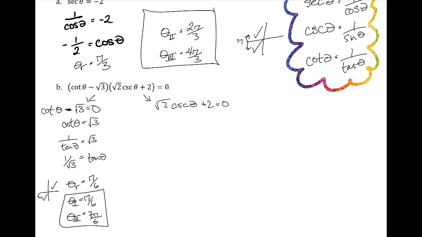So if I isolate cosecant, that's going to be negative 2 over root 2. Now, another thing that I can do here, and I can show it still by inserting my inverse relationship: sine theta equals negative 2 over root 2, but I need this to flip in order for sine to get out of the denominator.